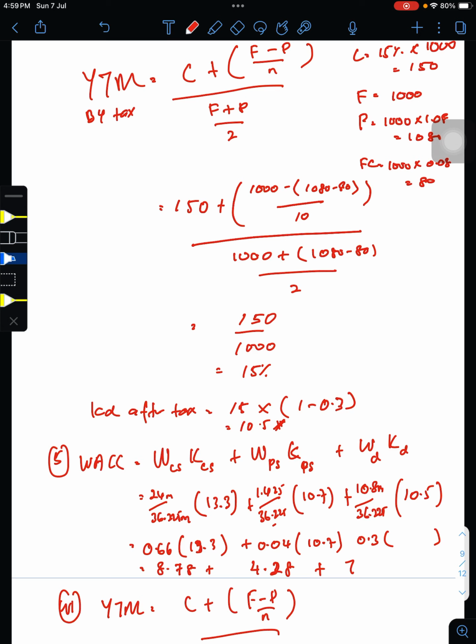0.3 times 10.5 should give you, hold on, should get 3 point, sorry.